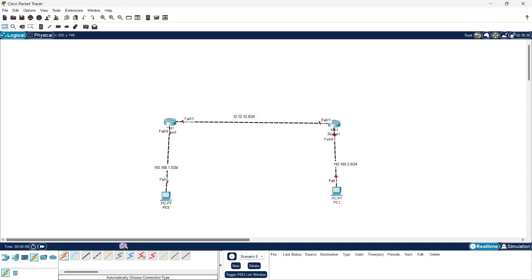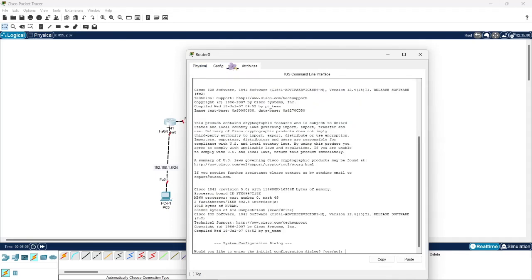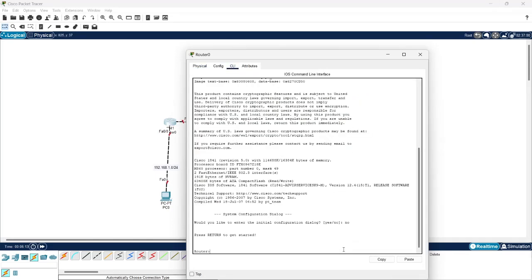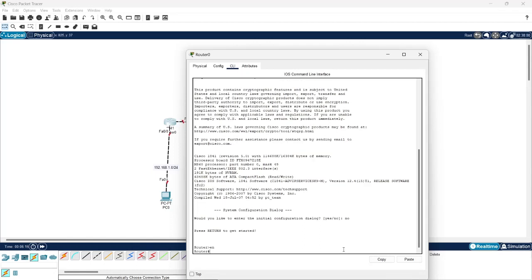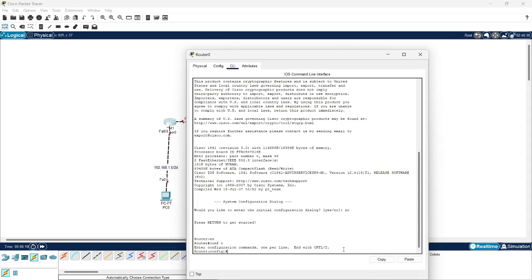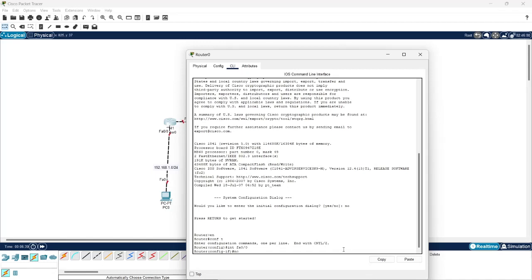So for now, we're gonna configure router 0. We just get into the CLI mode and type. As usual, we get into the configuration mode first. After that, you can type interface 0/0, and then no shutdown.